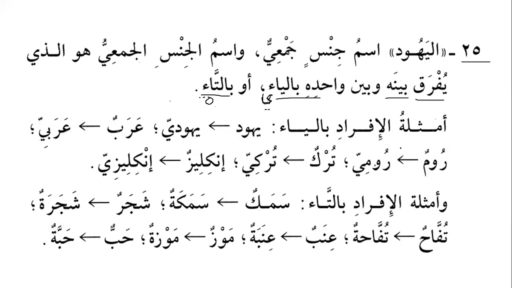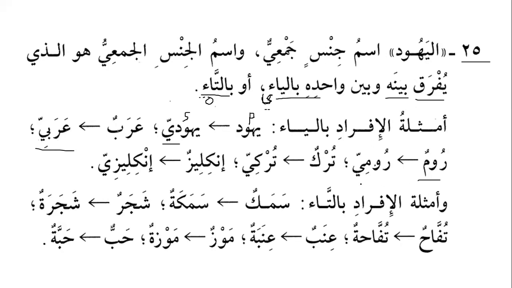As we can see here, amthilatul ifradi bil ya'i, the examples of singular by ya. Yahudun is plural and Yahudiyun is singular. So this is plural and this is singular. Jews and Jew. Arabun, Arabs, and Arabiyun, an Arab.